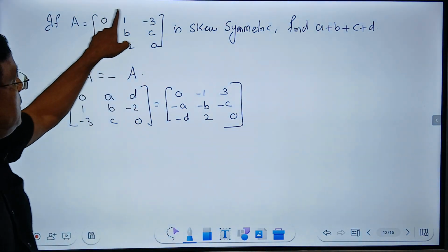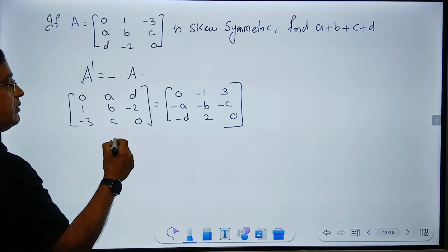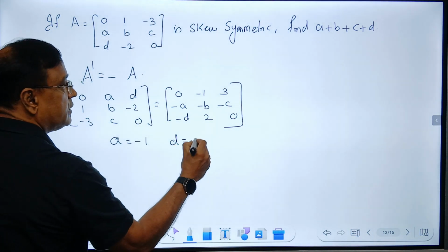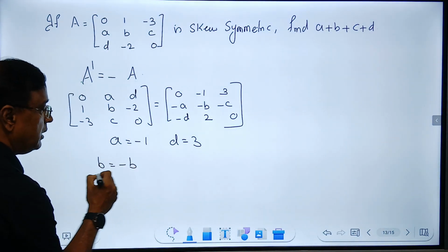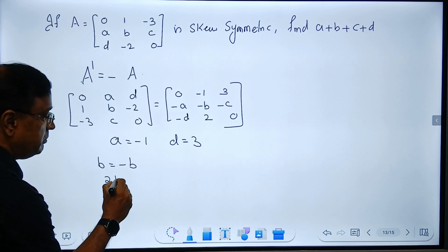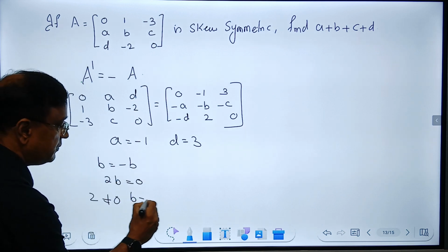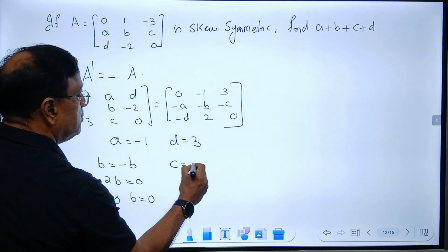Minus A means multiply the entire element by minus. Now by equality of two matrices, you have a equal to minus 1, b equal to minus b. If b is minus b, 2b will be 0. Since 2 cannot be 0, b has to be 0. And finally c equal to minus 2.